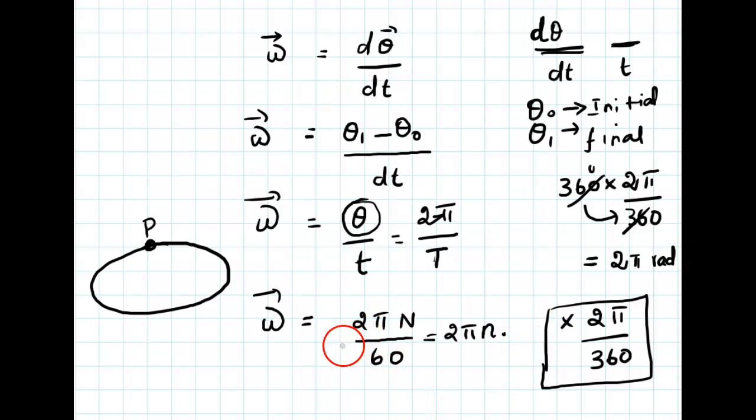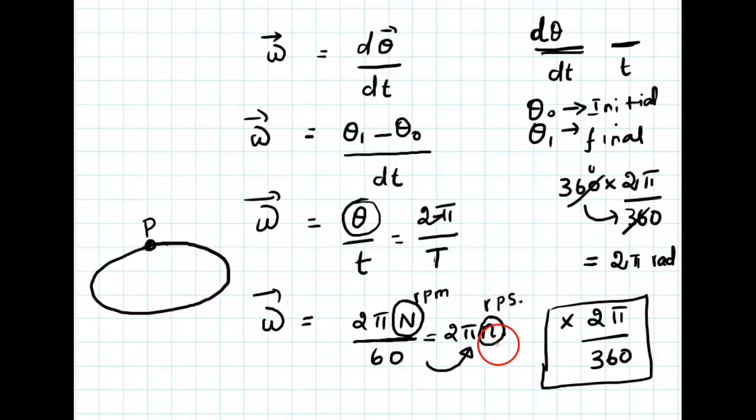So what is capital N? Angular speed in revolution per minute. What is simple n? Revolution per second. If you divide the revolution per minute by 60, you will get your answer in revolution per second.